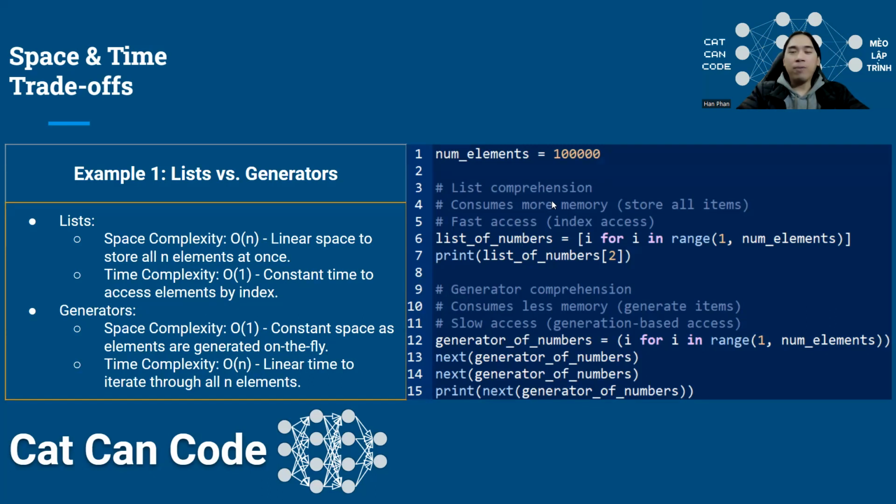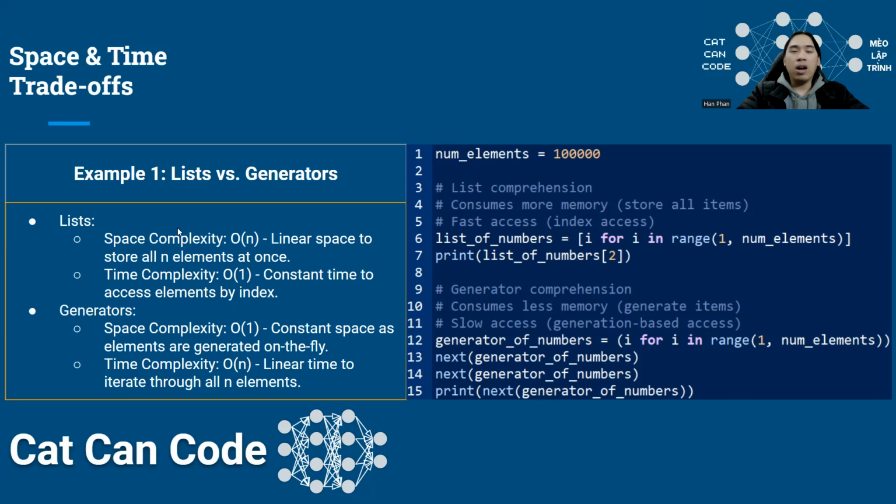Okay, so I have written the Python code here demonstrating these 2 ways of interacting with series. For example, I have a series of 100,000 numbers, and this is the list comprehension to generate all those numbers in a list of numbers.